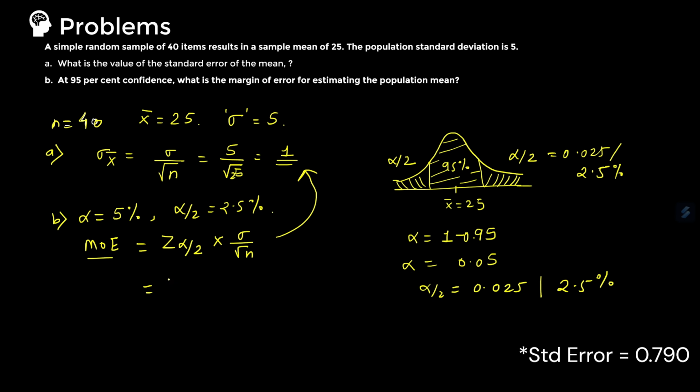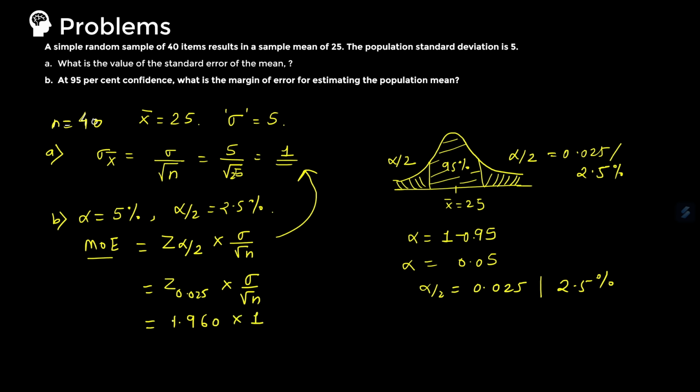So Z for 0.025 into sigma by root n is going to be 1.960 into 1, which means our margin of error is 1.960.